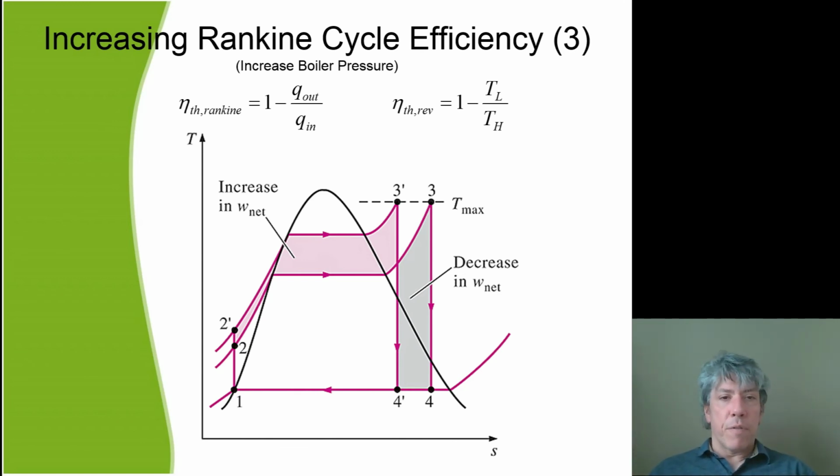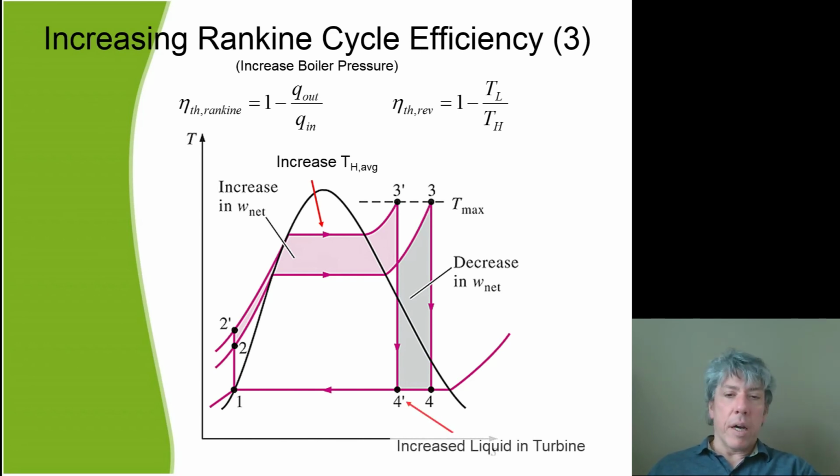But this is still more efficient because we're adding thermal energy to the cycle at an average higher temperature. That's a good thing. We do produce more energy per BTU of chemical energy used, or of heat added. But we've got the problem we've run into several times, where 4 moves to 4 prime. That means an average higher percentage of liquid in the output of the turbine. So while we increase the average temperature at which heat is added, we also increase the liquid output of the turbine, which is a problem.